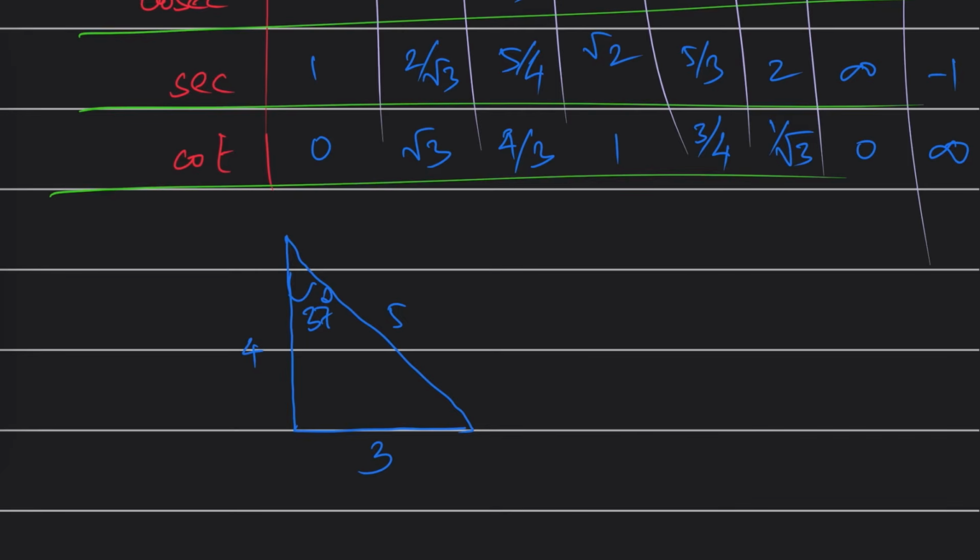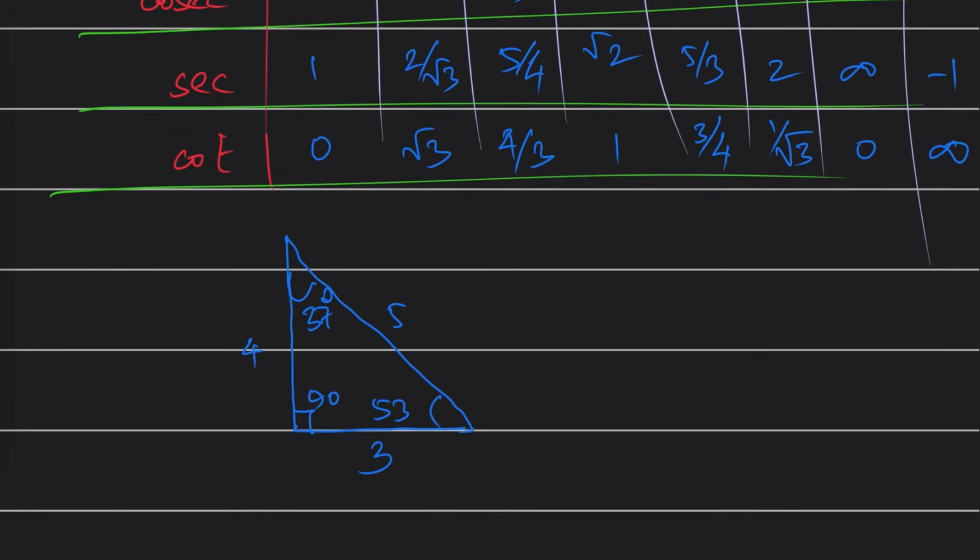Opposite of the smallest side is the smallest angle. Opposite of 4 is 53, and opposite of 5 is 90. Based on sides I am giving the angle also. The smallest side has the smallest angle, and the largest side has the largest angle opposite to it.